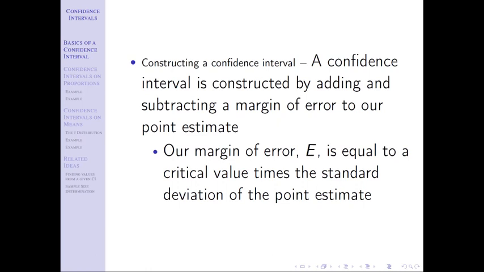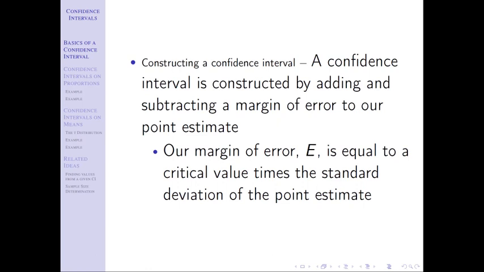You say, well, what do you even mean by that? And I would say that's something we've already covered too. We covered that in chapter 7. The standard deviation of the point estimate harkens back to chapter 7 when we said if we needed to find a probability involving p hat, we had to know what the distribution of p hat was. And we said that p hat would be approximately normal under the right conditions with a mean of p and a standard deviation of the square root of p times q over n.